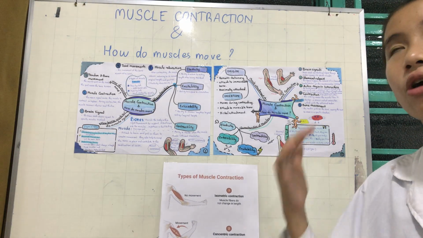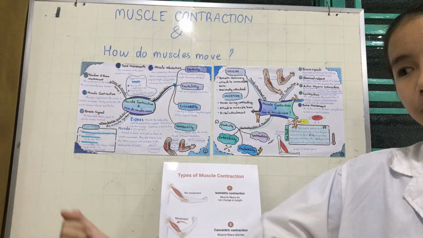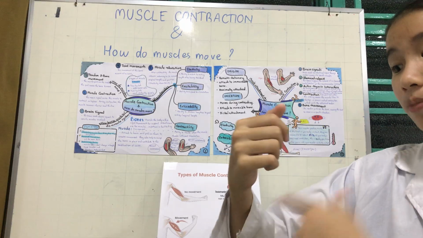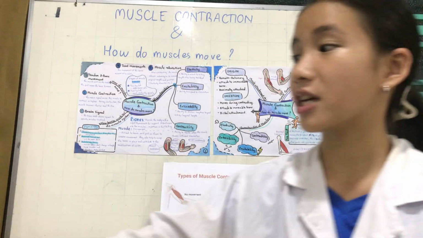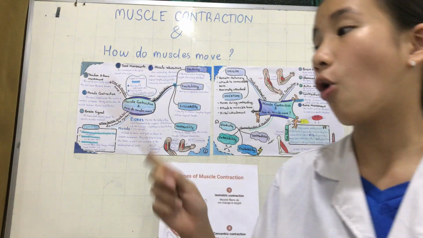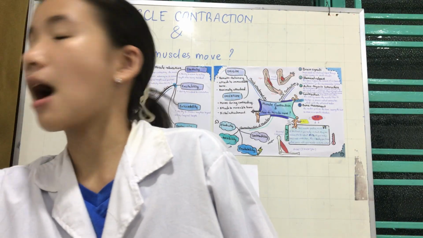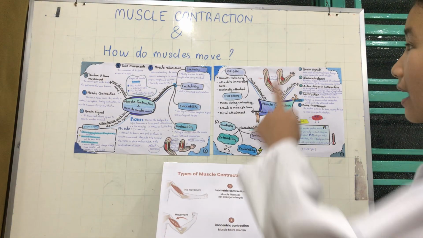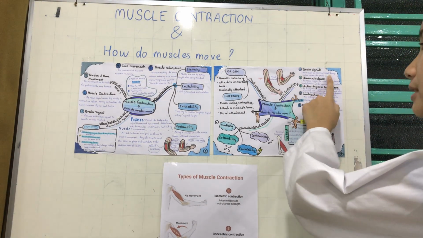So for example, I want to move my arm, so my brain will send signals to my arm to outstretch it, grab maybe a comb or maybe a marker, for example, and then back. So that is firstly, brain signals.